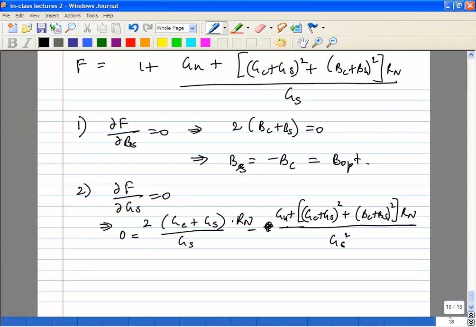If you do this, what this gives you is Gs squared is Gu over Rn plus Gc squared. Very easy to get, just multiply by Gs squared over Rn throughout. It's a very straightforward calculation.